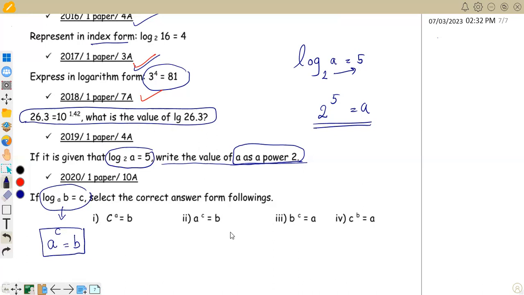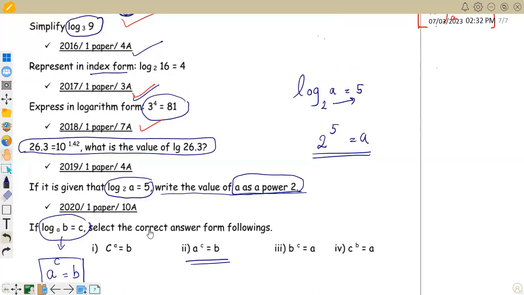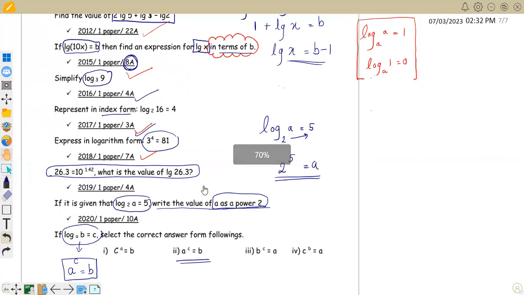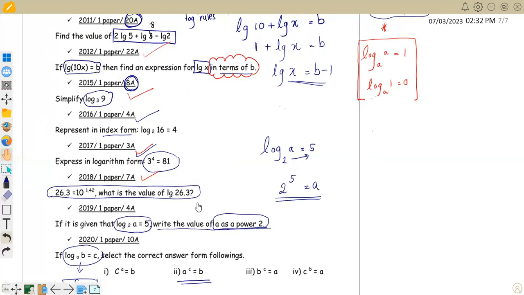Then the correct answer is the second one. Very simple. In your exam also there will be such kind of question. Easily you can obtain the answer if you know the log rules and if you know how to write the index form into log form and log form into index form.